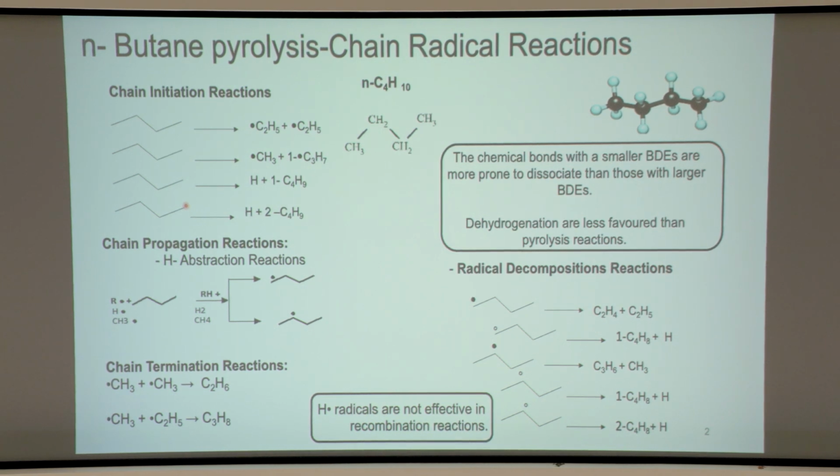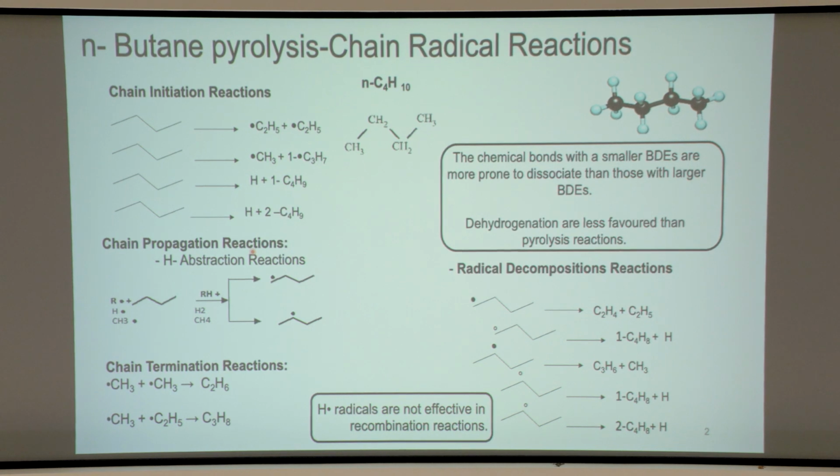Okay, then what happens? Then you have these radicals, and you've got to figure out what happens to them. Ethyl will have to undergo some reactions. We'll have to deal with those. Methyl and propyl will undergo reactions. Now that we're making radicals, we should have some chain propagation reactions.